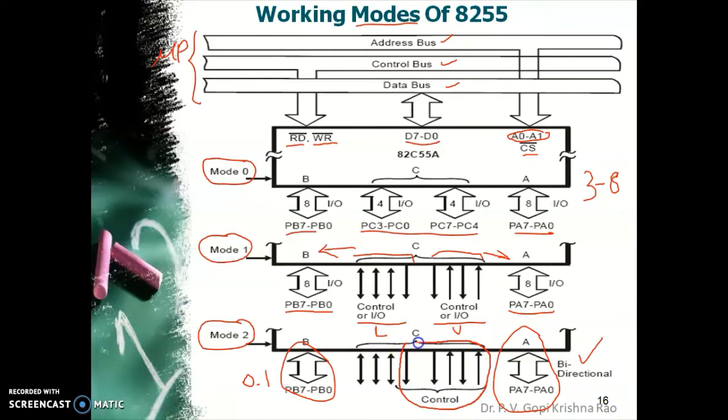These 5 control lines will be fetched from port C. So typically, when we are using mode 2 of operation, we can use full-fledged port B in either mode 0 or mode 1, and only port A can be used in mode 2 of operation with 5 lines of handshake signals from port C supporting port A. So port C cannot be used when port A is being used in mode 2 for IO operations.